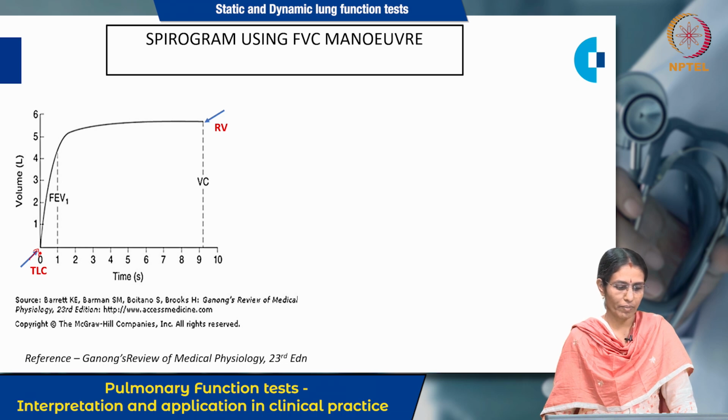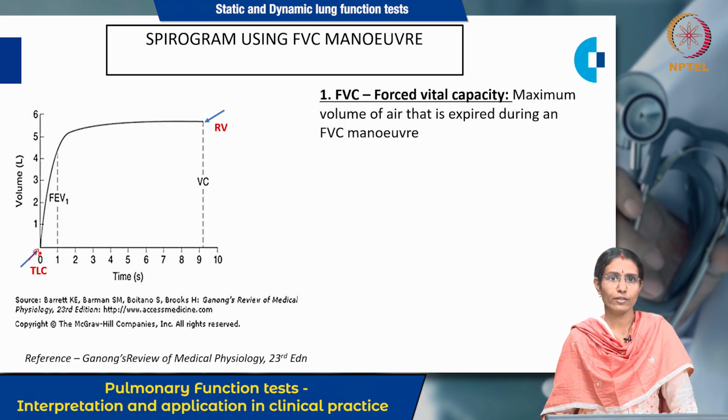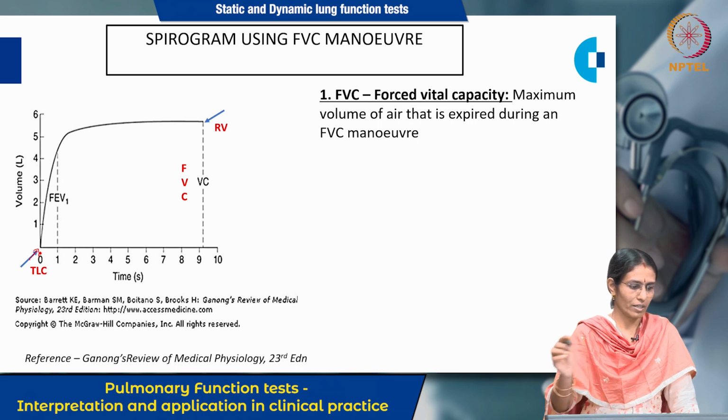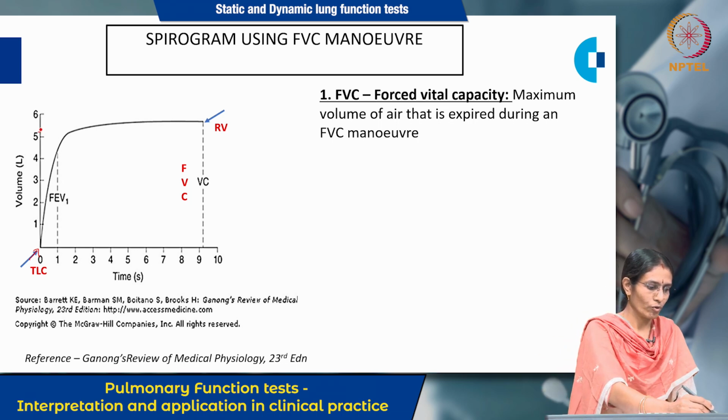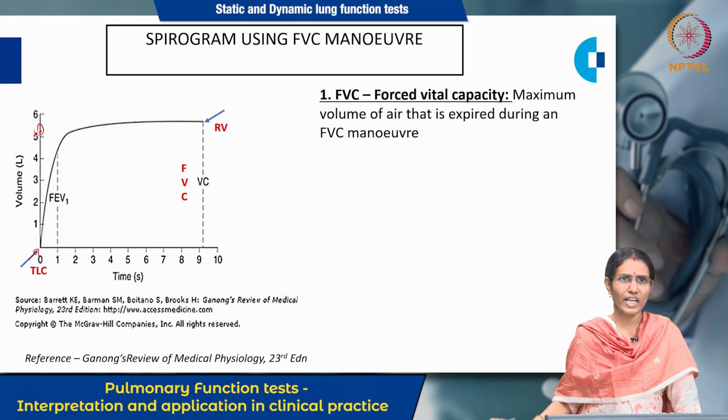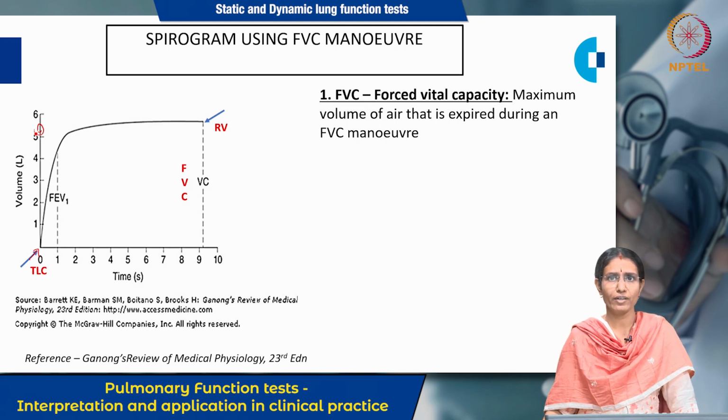So, at the end of this maneuver, his volume has to reach the residual volume, and the amount of air which is exhaled during this maneuver constitutes the forced vital capacity. So, forced vital capacity is the amount of air which is expired during this FVC maneuver.